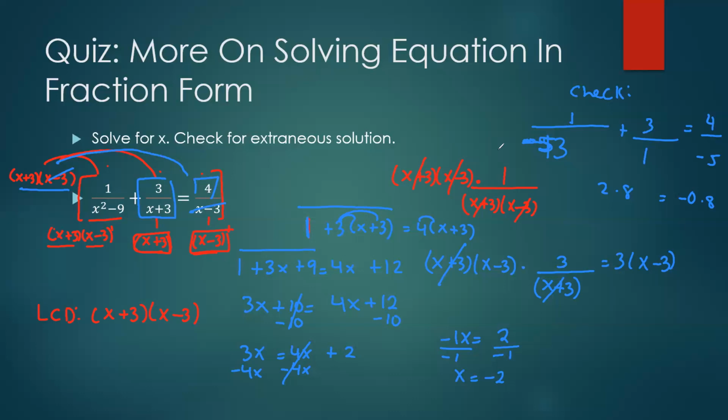Hmm. Negative 2 minus 3 is negative 5. I'm just double checking because it might be no solution, right? Because that happens.